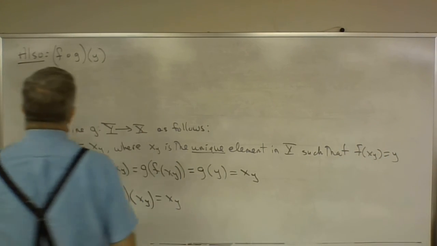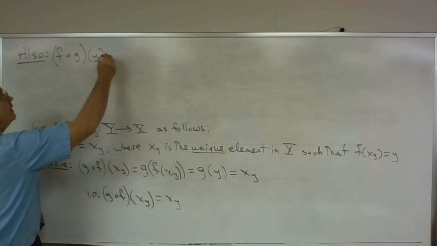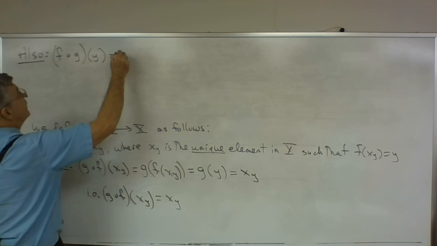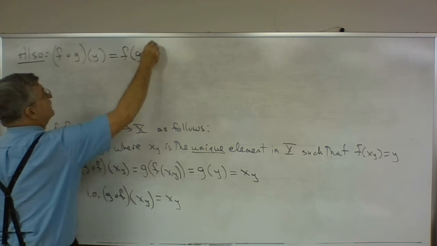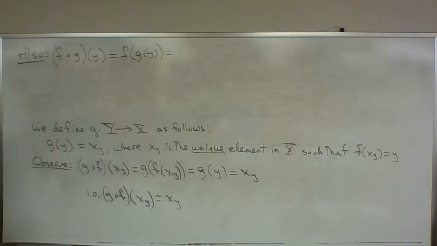Okay. f composed with g evaluated at y. Let me rewrite this with friendlier notation. So this is going to be f evaluated at g of y. g of y, well, remember what that is.